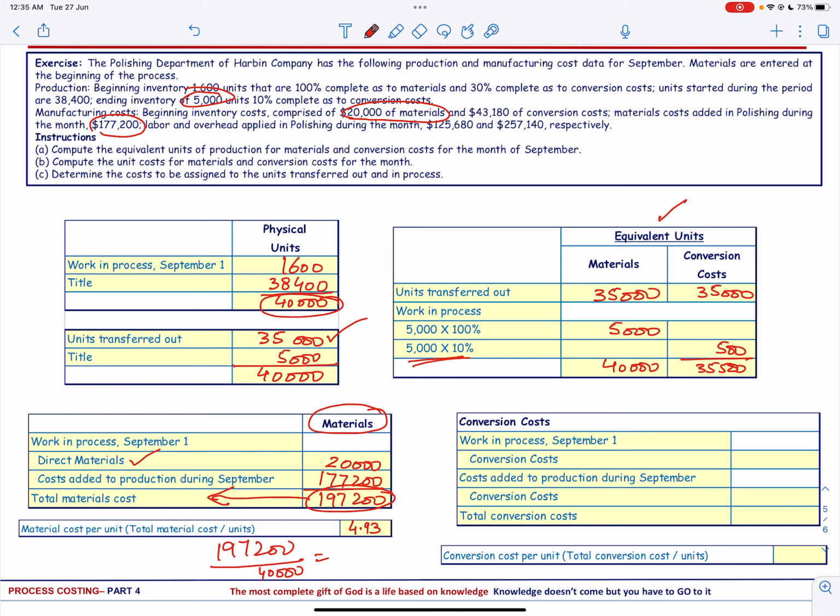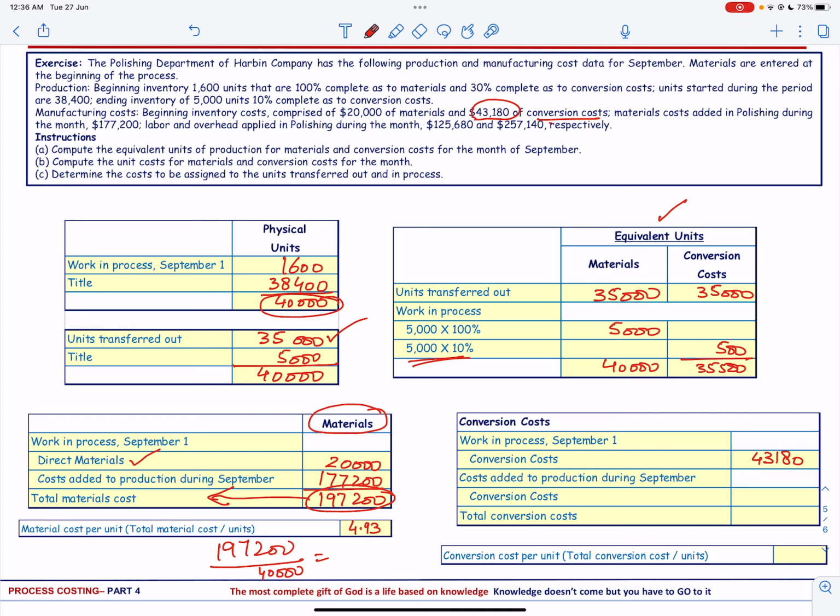Then we are going to look into the conversion cost, and the conversion cost work in process on September 1 is 43,180 of conversion cost.